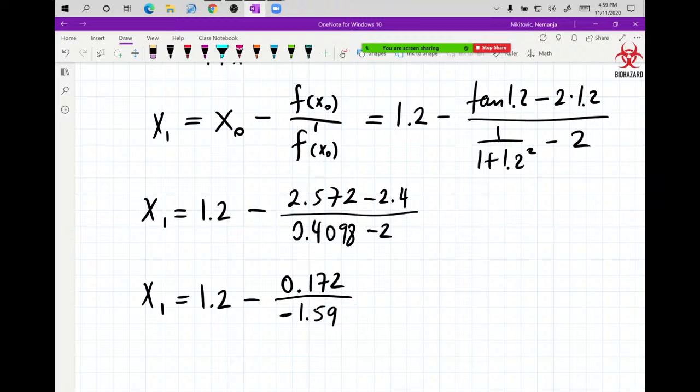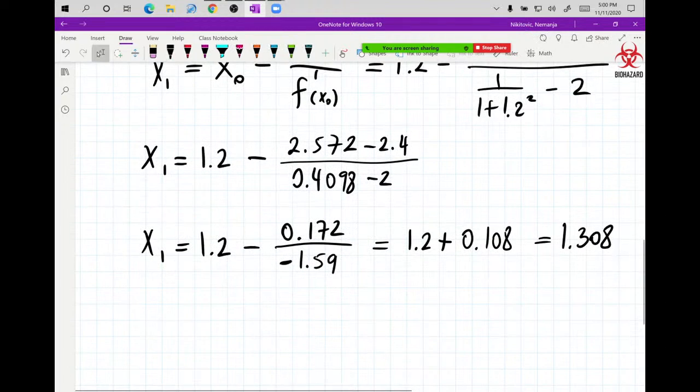I can just call this that. So this works out to be 1.2 plus, when I get these two minus signs, and now 0.172 divided by 1.59 is 0.108, which gives me the value of 1.308. There's my x1.